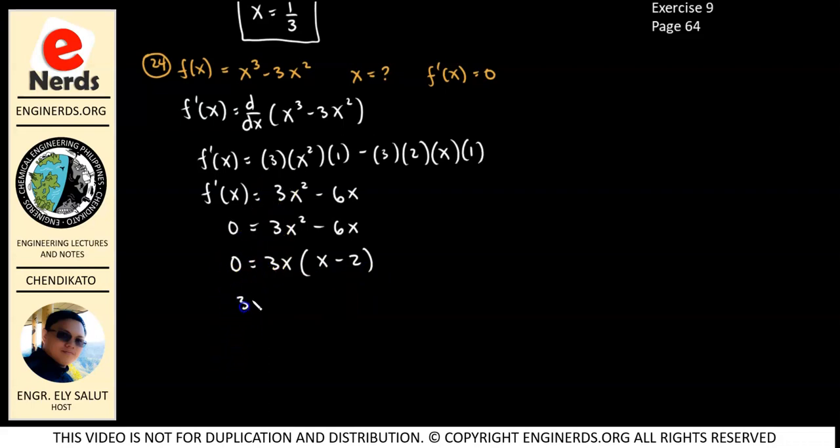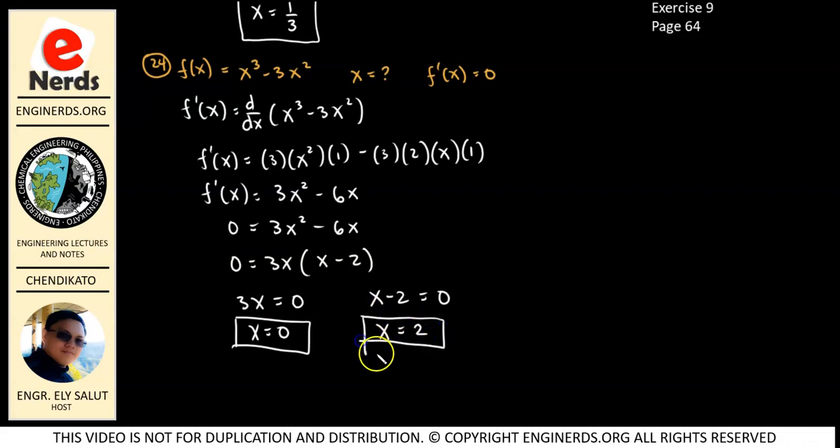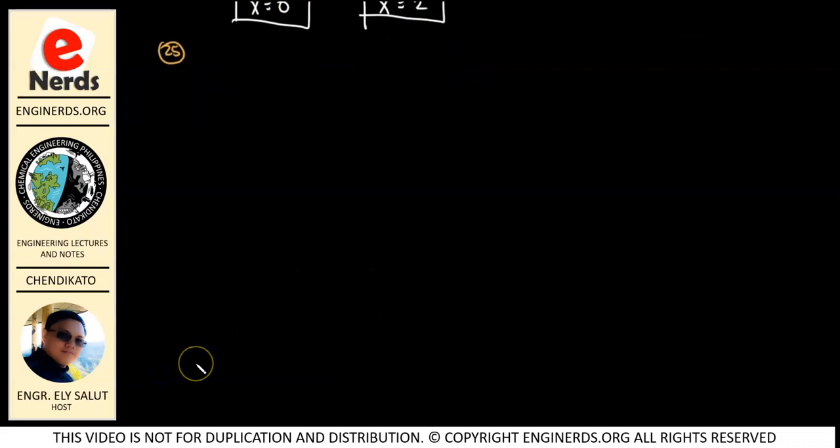We have 3x is equal to 0, in which our x will be equal to 0. So, this is one of the answers. Or we have x minus 2 is equal to 0. Therefore, our x is equal to 2. So, we have two values of x for this problem. Now, we'll go to problem number 25. So, let me read problem number 25.